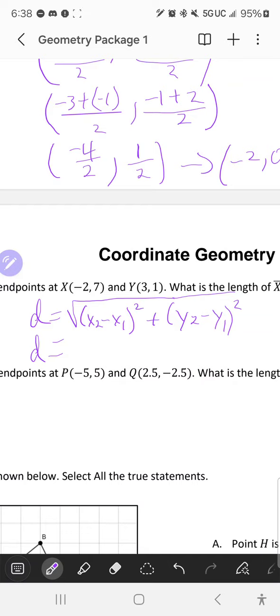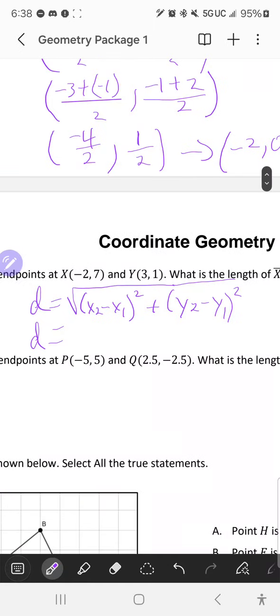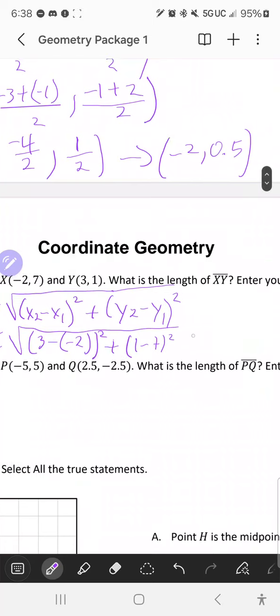So we have this formula, we have the points, and we just want to know the length, the distance. We substitute with x2, which is 3, minus x1, which is -2, squared, plus y2, which is 1, minus y1, which is 7, squared, all under the square root.